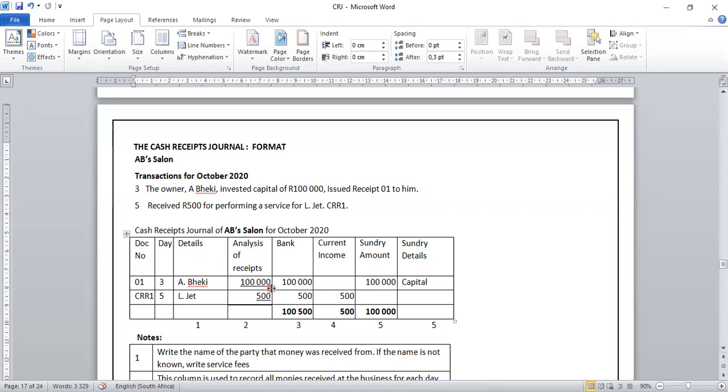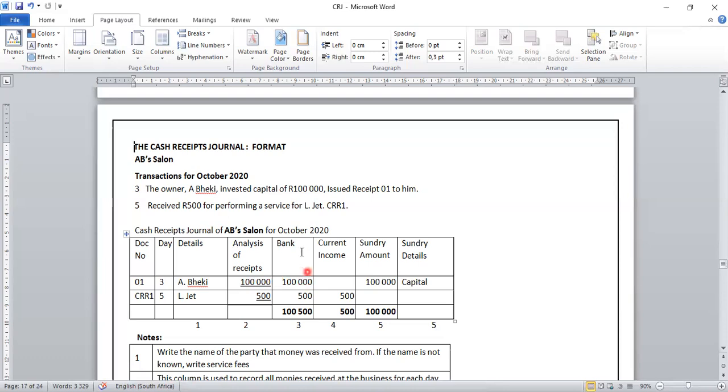And the question that we must ask ourselves in this column is, are we receiving more monies for the day? If we are not receiving any other monies for the day, we will close the shop and we'll take the money to the bank. So the 100,000 will be taken to the bank.